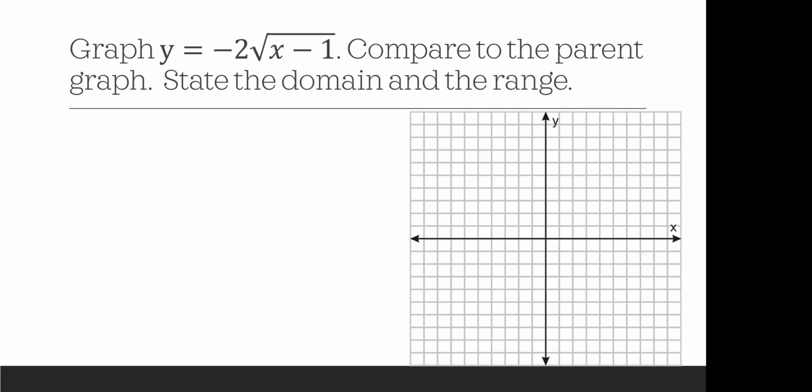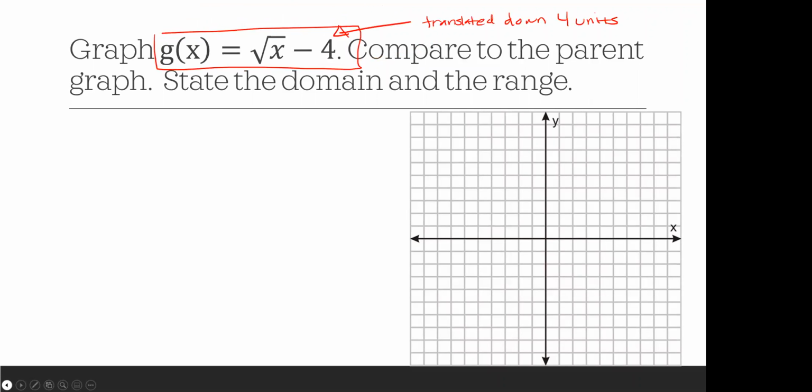So here I see that I've got y equals negative 2 times the square root of x minus 1. So that negative 2 is going to make it reflected over the x-axis. And then this minus 1 over here is going to mean that it's going to be moved.